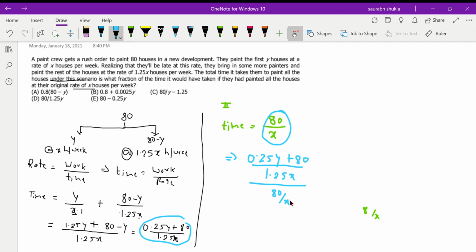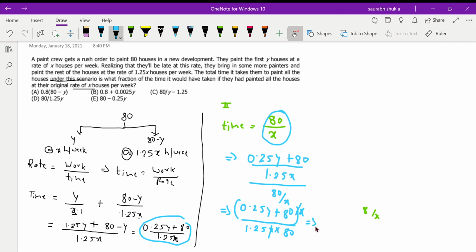Okay, so now we know that x goes up and 80 will be there down in the denominator. So you will have 0.25y plus 80 into x divided by 1.25x into 80. So now you can cancel x and x like this.